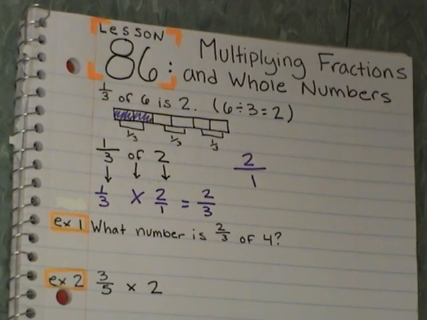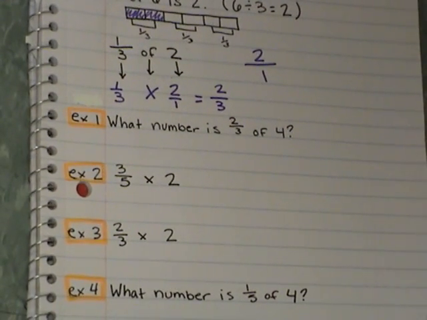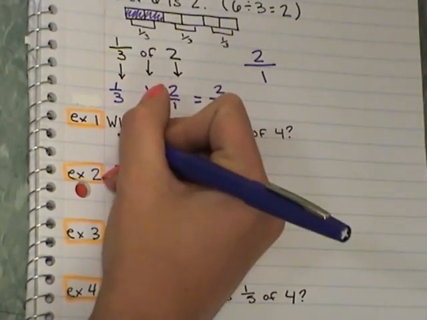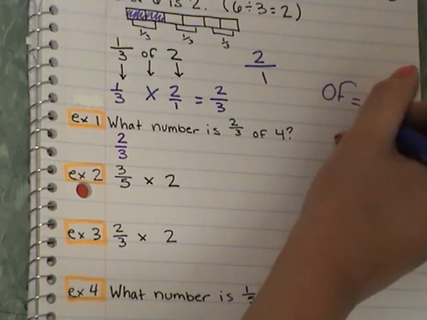So we're going to do the next problem, okay? And it says, what number is 2/3 of 4? So I'm trying to find 2/3 of 4, and I'm going to multiply for this. So what I'm going to do is take my 2/3 of equals multiply.